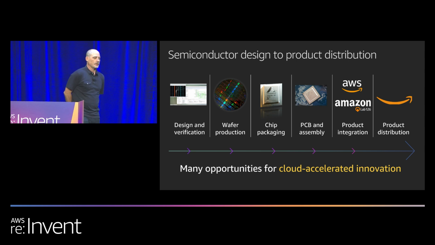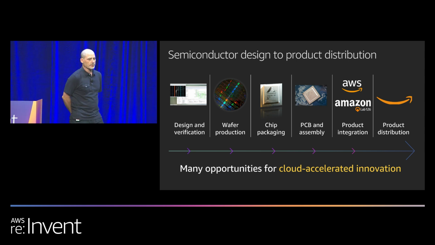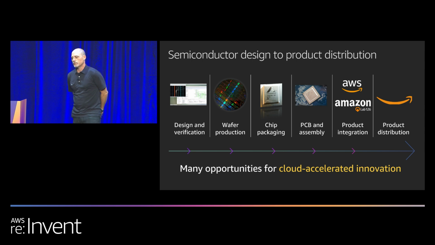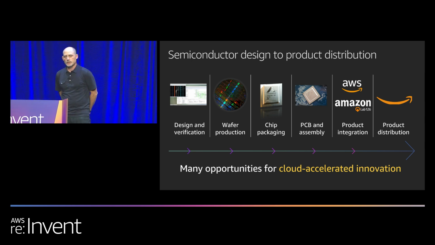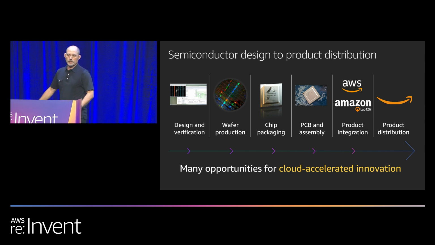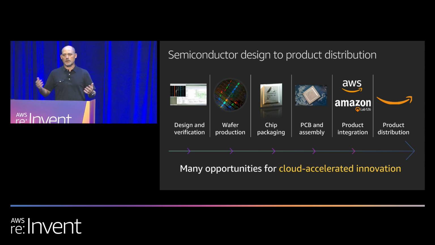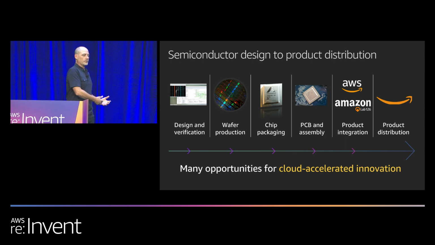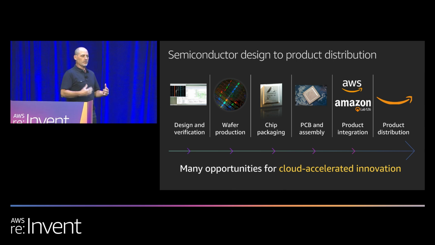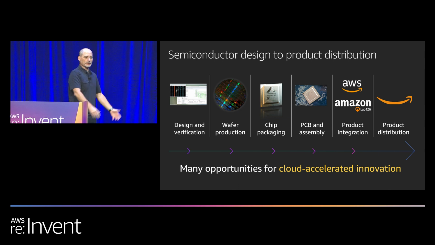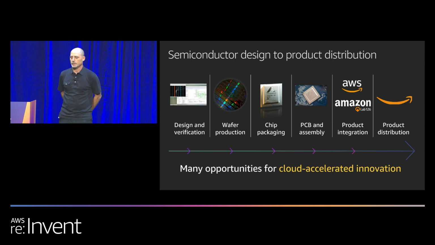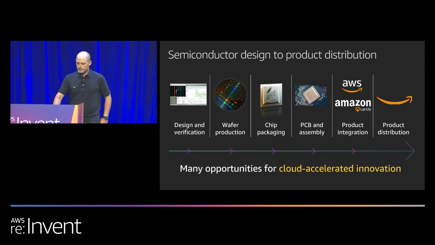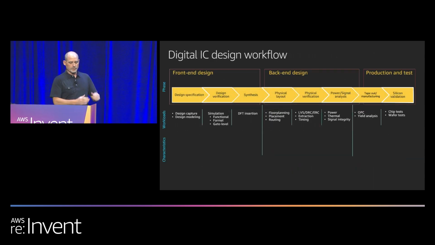EDA is obviously focusing on design verification, but we're also pulling from our devices team. When you look at Lab 126, Amazon devices, that's where we pulled a lot of our workshop content from. So a lot of the work that we're doing internally in AWS, we're taking all those learnings and all that experience, and we're handing that off to our customers and helping them run their workloads on AWS.